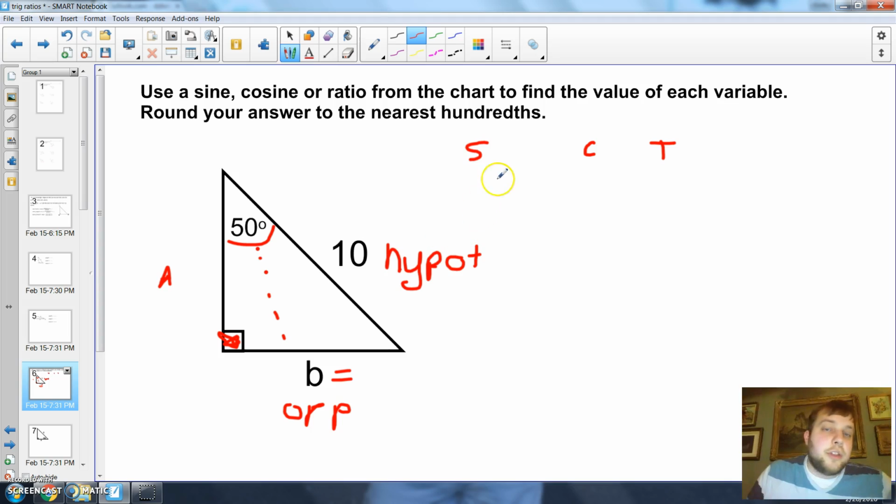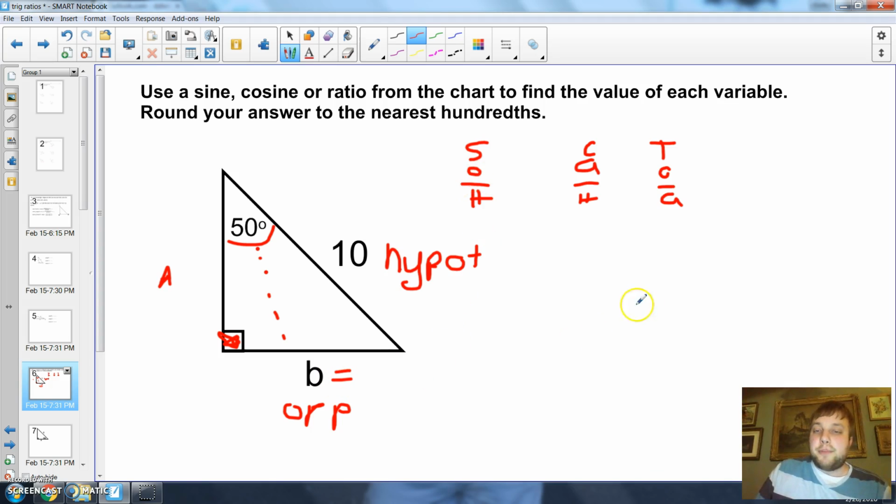And you should think, ooh, remember SOH CAH TOA. So sine, cosine, or tangent, which one uses opposite and hypotenuse? I'm thinking sine uses opposite and hypotenuse.